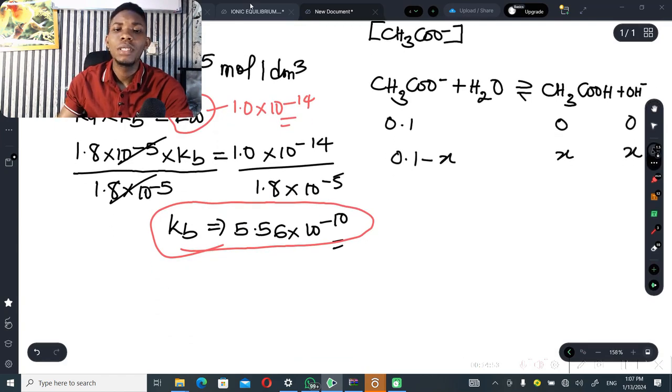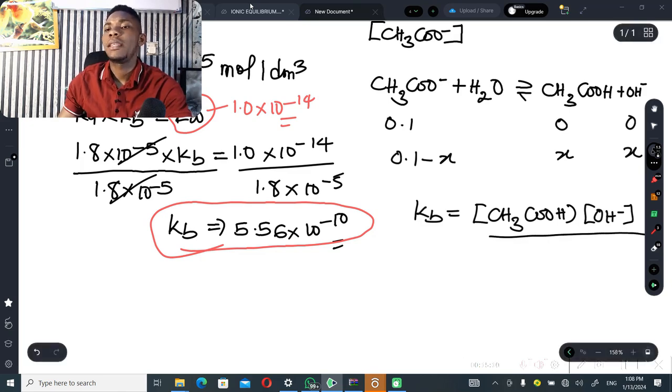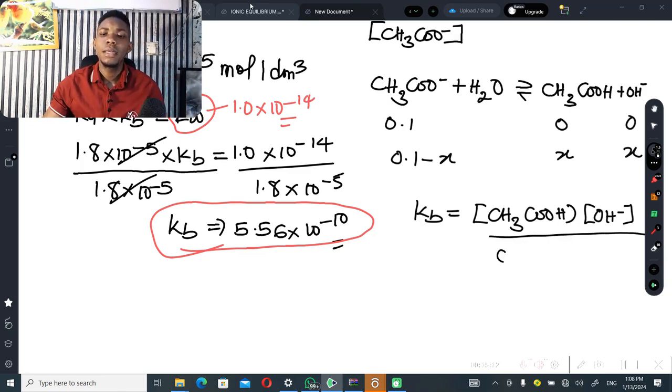So at the end of the day, we know that our Kb is CH3COOH times OH negative divided by CH3COO negative, which is the acetate ion.